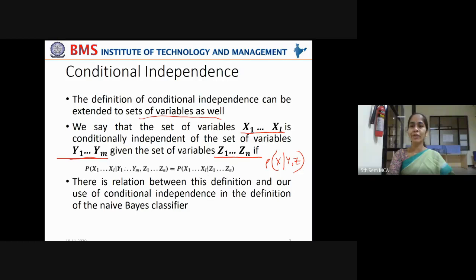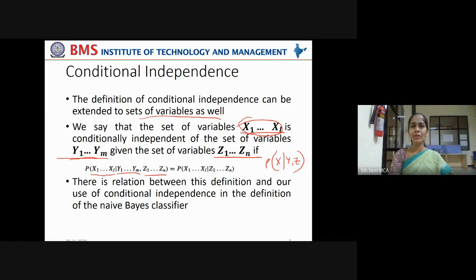Now instead of X, we are assuming the set of variables. That is why you write x1, x2 and so on up to xl. Probability of x1, x2 and so on up to xl is conditionally independent of the set of variables y1, y2 and so on up to ym, given the set of variables z1, z2 and so on up to zn.